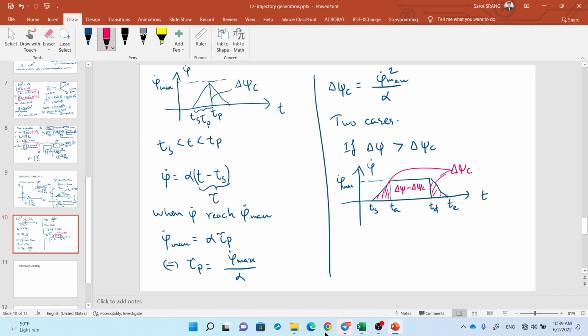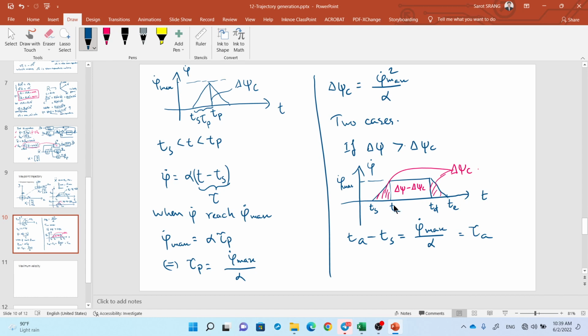And ta minus ts of course equals psi dot max over alpha. Just call it tau a.